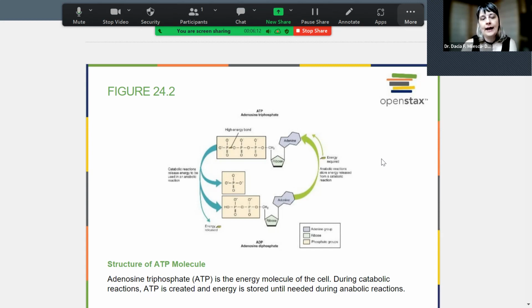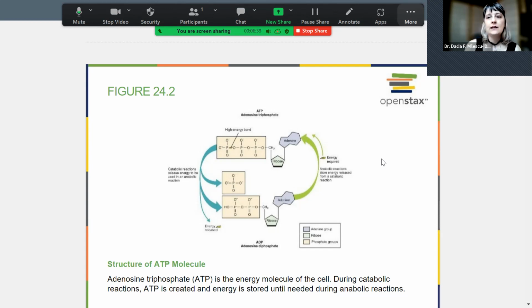Again, to circle back to the original discussion, adenosine triphosphate is the energy molecule of the cell. During any kind of catabolic reaction, our cells create that ATP and store it. The mitochondria is the location of this ATP.